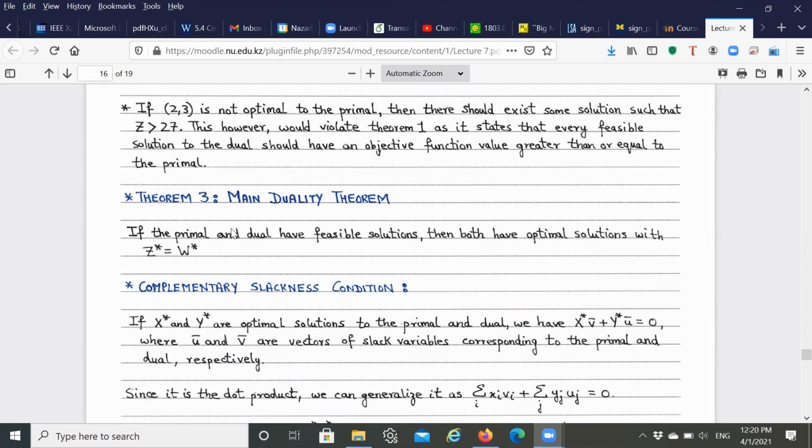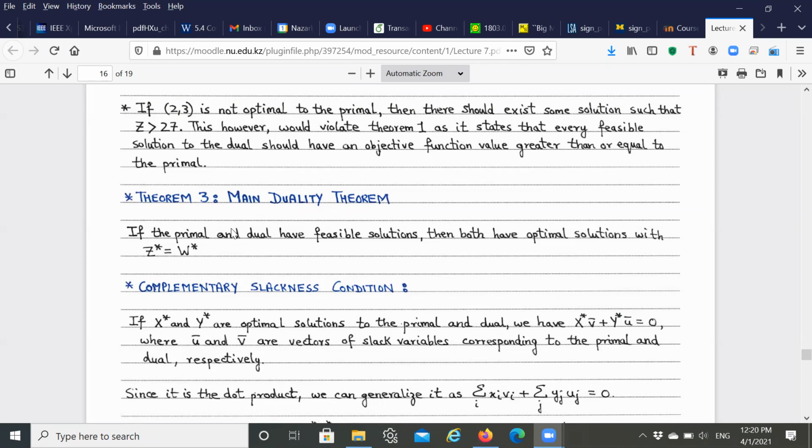So if I give you a primal LPP problem and ask you to solve it using the simplex method, then I ask you to find the dual and solve it, and I do not specify how to solve it.